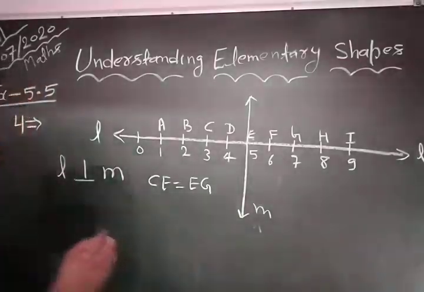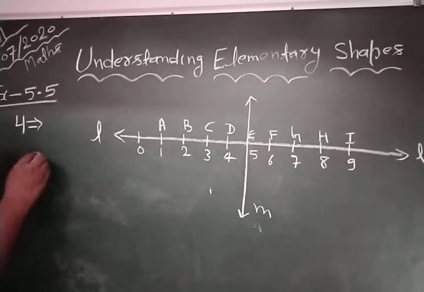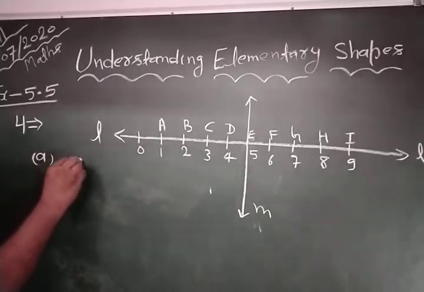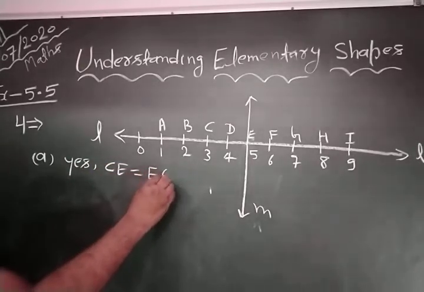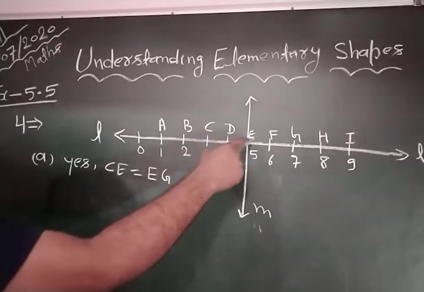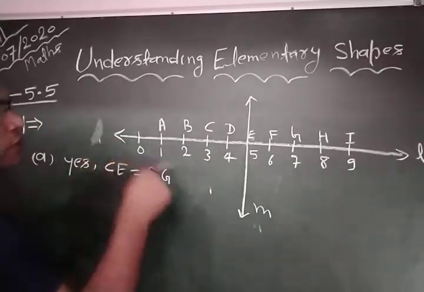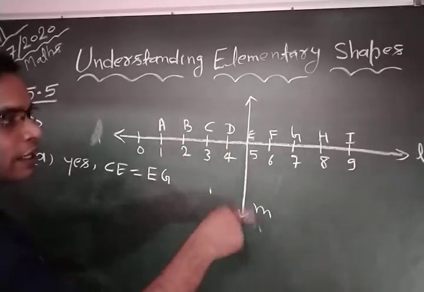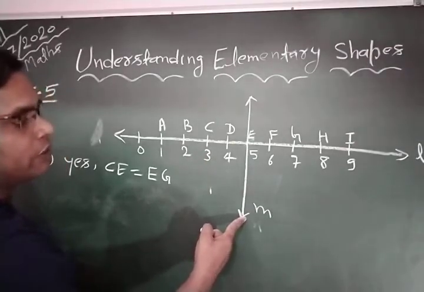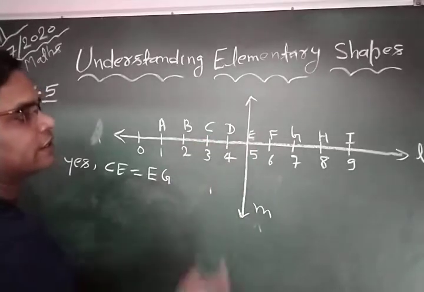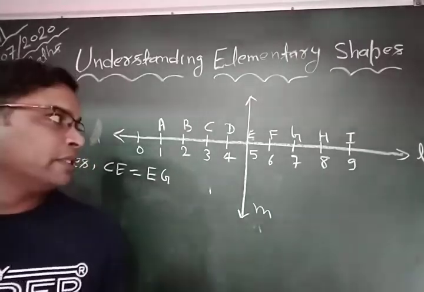So in A part you can say yes, CE is equal to EG because both are equidistant from point E. Okay, and line L is perpendicular to line M. Line M is also the perpendicular bisector of line segment CG.